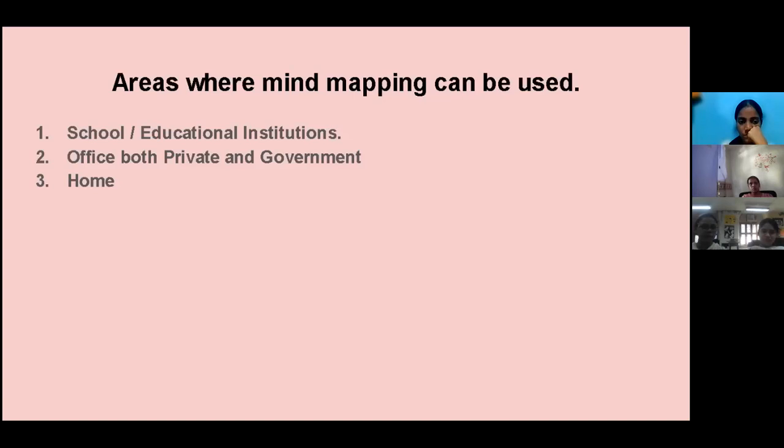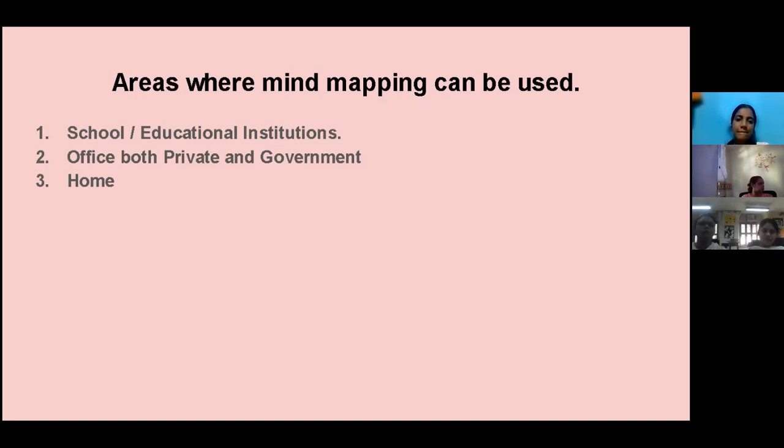Now, which are the areas where mind mapping can be used? Okay, first is schools or educational institutions. Second, we can use it both in private offices like our office and in government offices, as well as at our home also. Now you might be thinking school and educational institutions we will cover, but what about private and government offices?